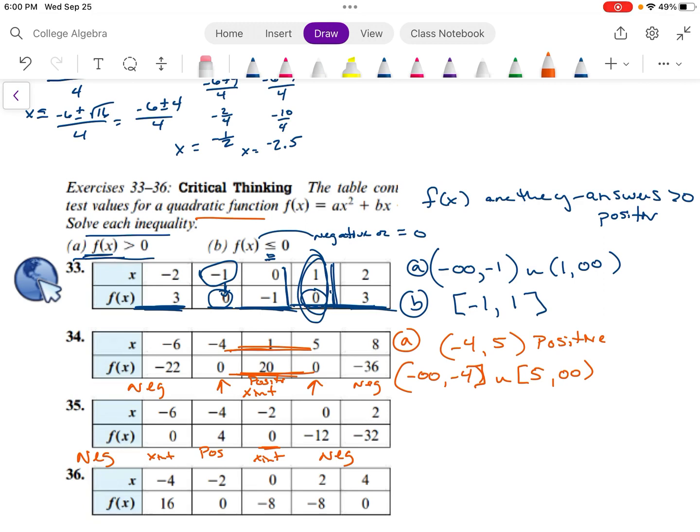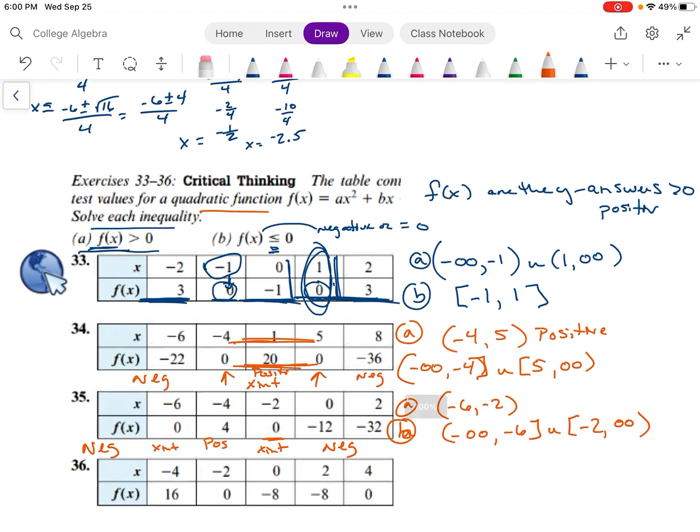So with that in mind, we would say for the positive part, between negative 6 and negative 2 is where I'm positive. For the negative part on part B, we would say negative infinity to negative 6 with a bracket, union negative 2 to infinity.